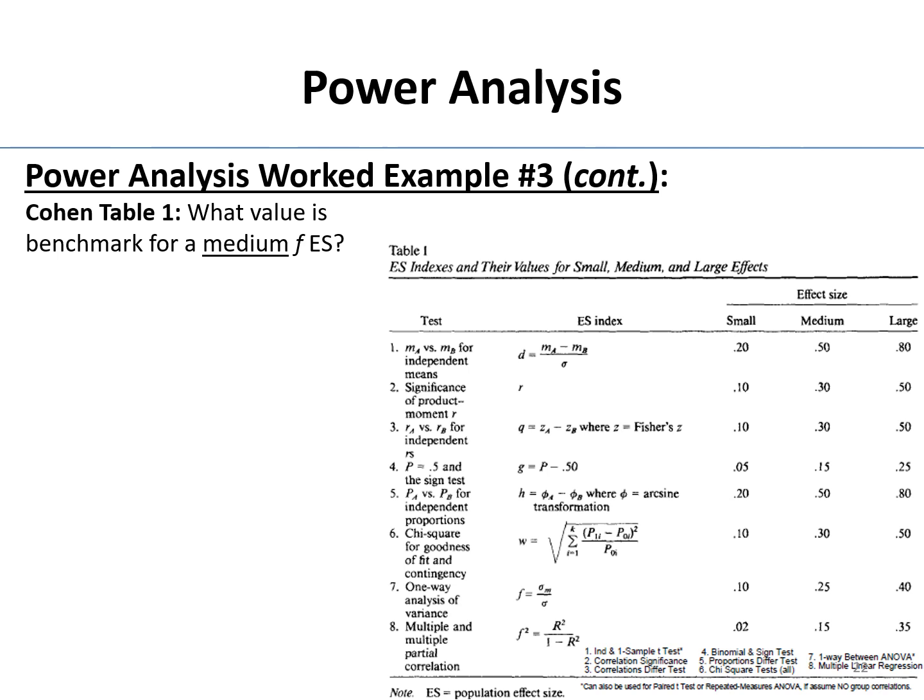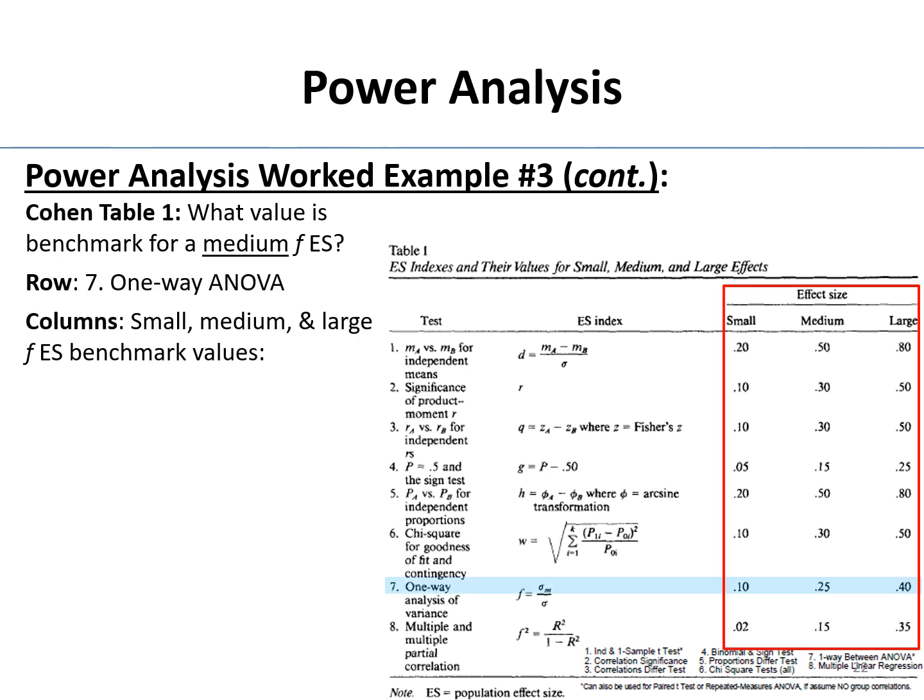So here's Cohen table 1. The question we want to answer is, what is the value for a medium effect size benchmark? One-way ANOVA is way down there at the bottom, row 7. We're going to look at those columns on the right, which give the small, medium, and large ANOVA effect size benchmarks. We want medium. There are our 3 values.